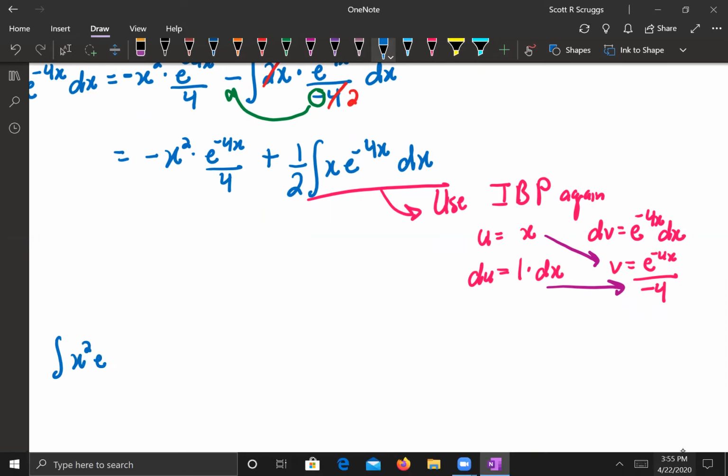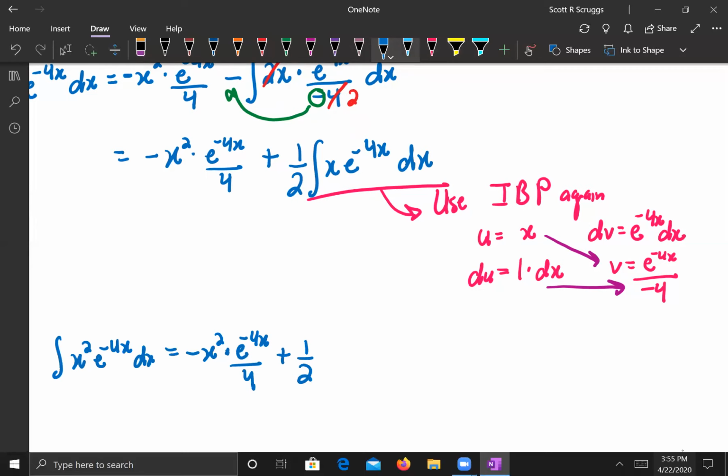which means I now have that the integral of x squared times e to the negative 4x dx is equal to the part that I've already obtained from integration by parts, the negative x squared times e to the negative 4x over 4 plus 1/2.